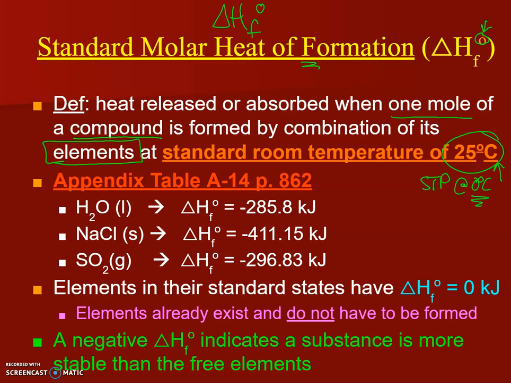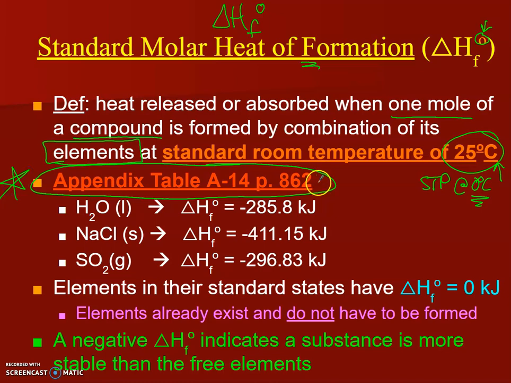Now, molar heats of formation have been determined by scientists, so it's nothing that we would actually have to calculate and figure out. But we do need to know how to basically prove that it happens and to be really careful with what it says on the tables. So what you'll see is there's usually an appendix that goes with this.